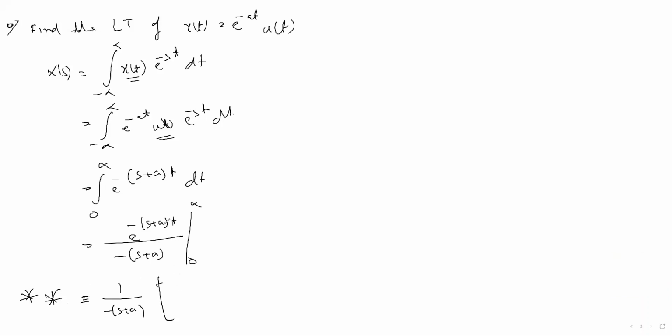And here you put infinity: e to the power minus s plus a times infinity, minus e to the power minus s plus a times 0. This step is very important, I have said also.